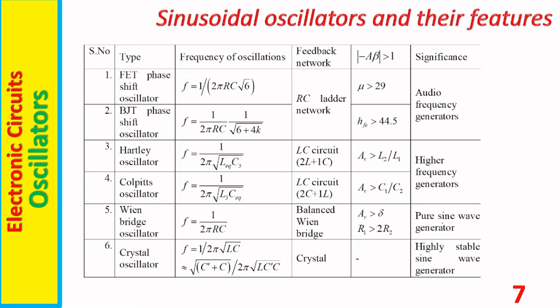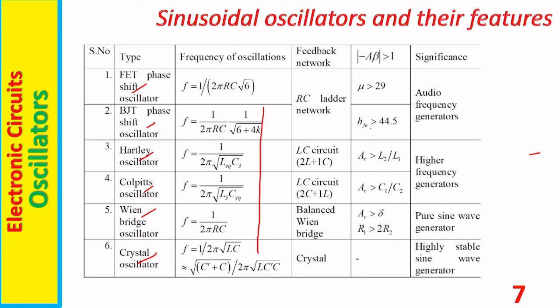Here is given a table consisting of different types of oscillators and their important features. FET phase shift oscillator, BJT phase shift oscillator, Hartley oscillator, Colpitts oscillator, Wien bridge oscillator, crystal oscillator. In the next column, you can find expressions for frequencies.